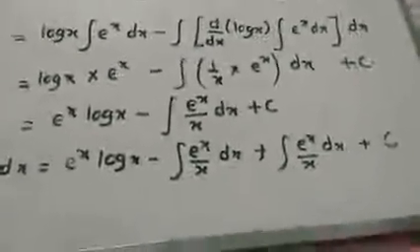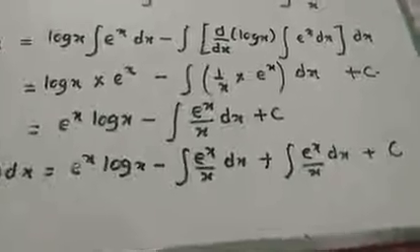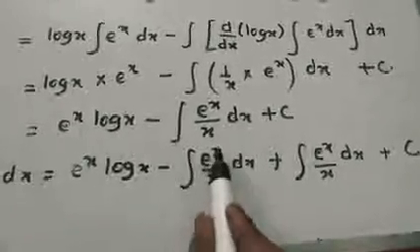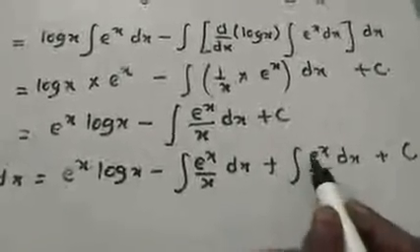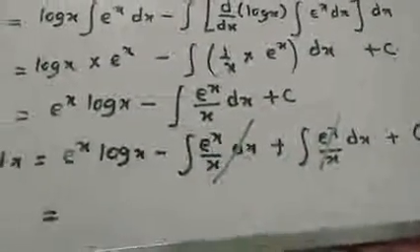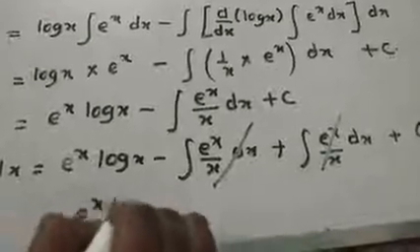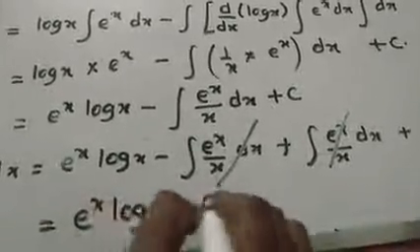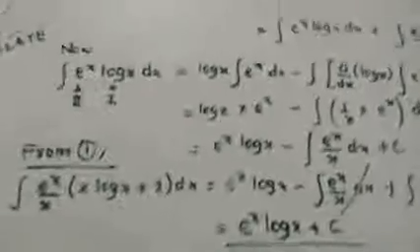So now after putting the value, we can see that one term is cancelling out: minus integration e to the power x by x plus integration e to the power x by x. So these two terms are cancelling out. So at last what remains? e to the power x log x plus c. This is your answer.